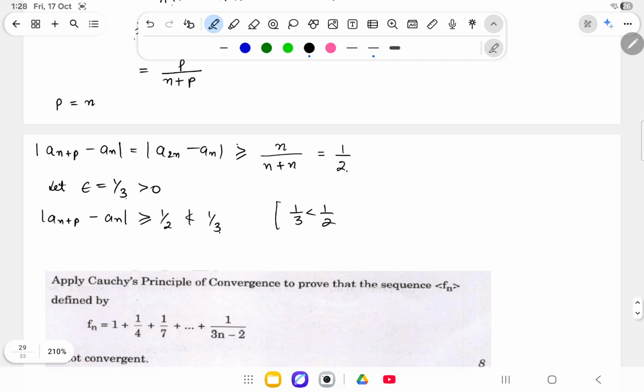So basically I got a number p for which it is not satisfying the Cauchy criteria, that is, for epsilon equal to 1 by 3, my sequence a n is not satisfying the Cauchy criteria for convergence.